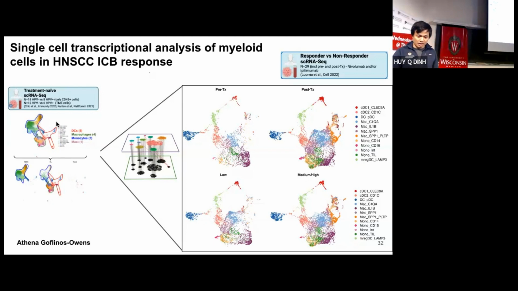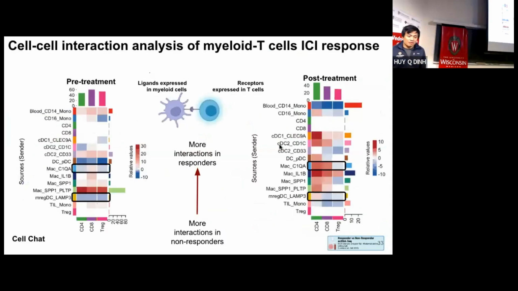And we're able to recover the extent of heterogeneity of myeloid cells in the treatment naive and in the immunotherapy treatment here. And these are two different data sets. Then we perform cell-cell interaction analysis.